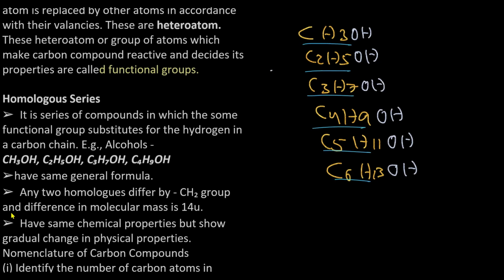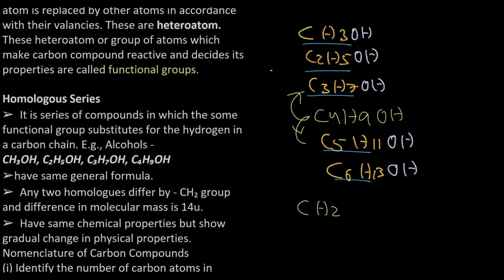Now check one more time. If I choose any one member from here, let's say I took this compound, what you can observe, if you see the difference of this compound with its preceding or succeeding member, is that there's a difference of CH2.